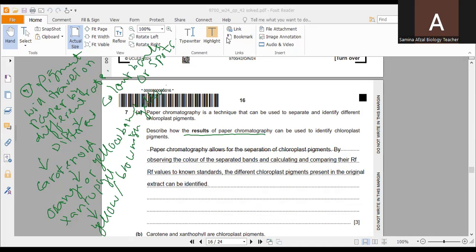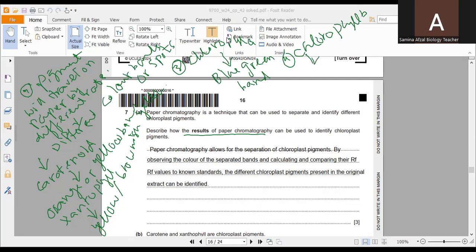And the third, chlorophyll A will appear as a blue-green band. And the fourth one, chlorophyll B, will appear as a yellow-green band.